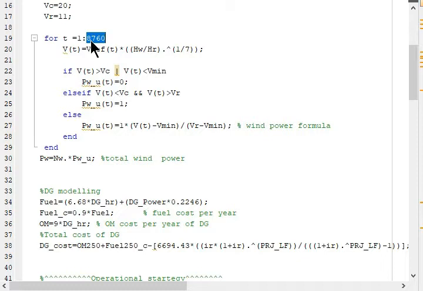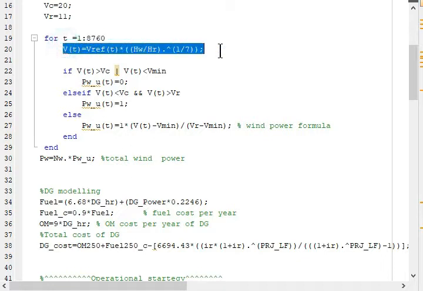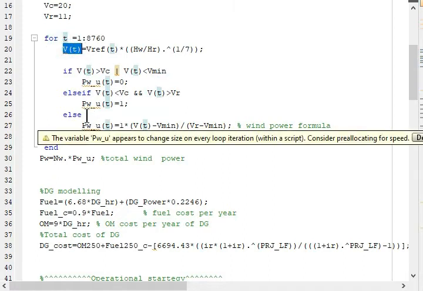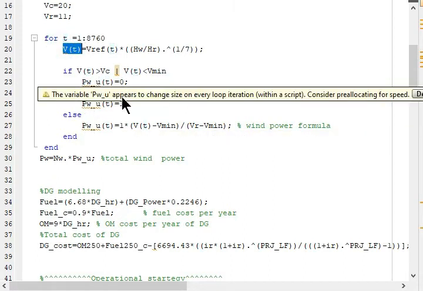The velocity at 20 meters will be equal to V reference, that's the available profile, multiplied by the ratio of hub heights raised to the power alpha. This is the alpha. So we have calculated the velocity at the given hub height.